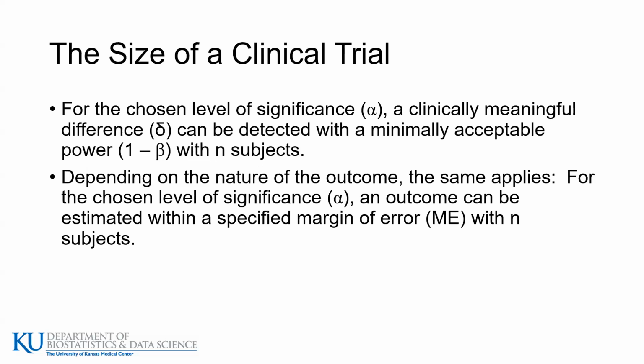When calculating a sample size for a clinical trial, we need to, one, ensure that we're controlling properly for a type 1 error rate, while also giving us some minimally acceptable power. Power, again, is 1 minus beta, where beta is the type 2 error rate. So we want to make sure that we're properly controlling for the false positive rate as well as the false negative rate.